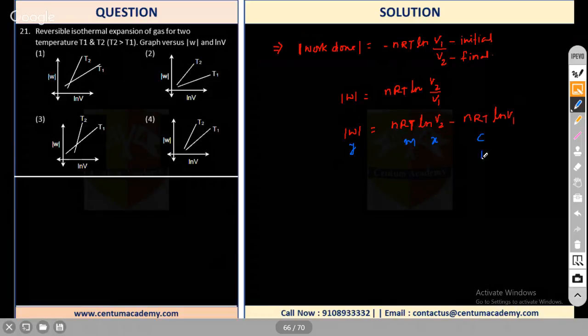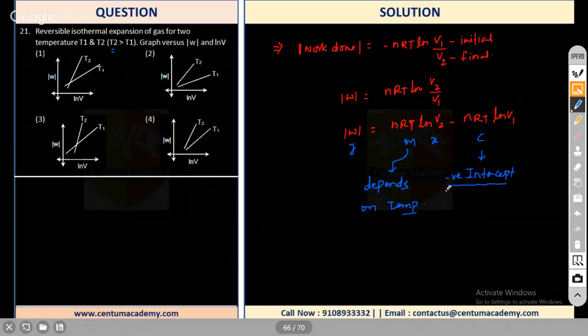So first of all, the intercept here is negative. Second, the slope m depends on temperature. So obviously in the second case, because T2 is greater than T1, the slope will be more than the first case.